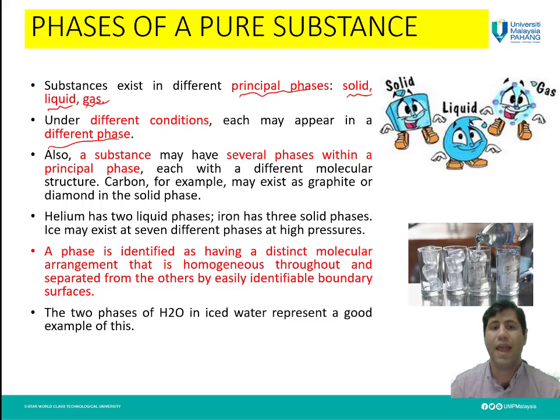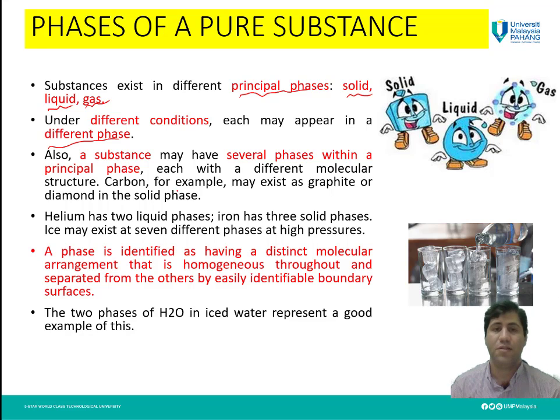Also, a substance may have several phases within a principal phase, each with a different molecular structure. The meaning of this sentence is that in one phase we can have different molecular structures of one material. A good example for this is carbon.